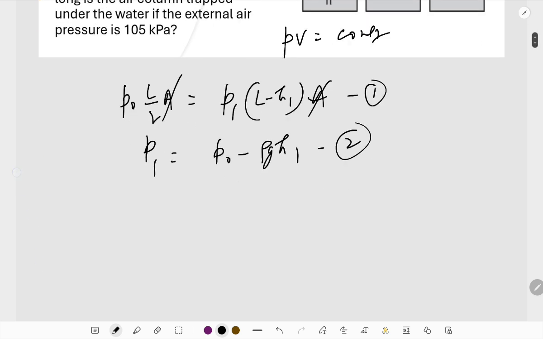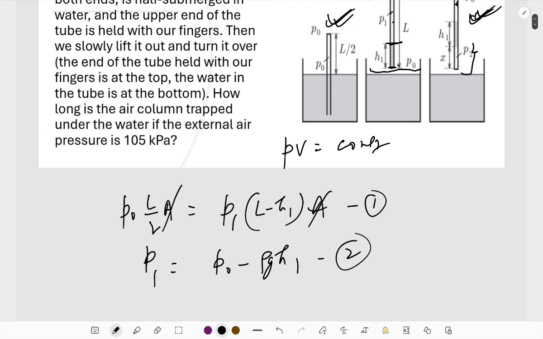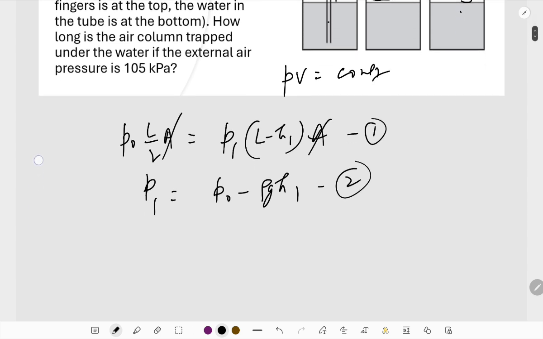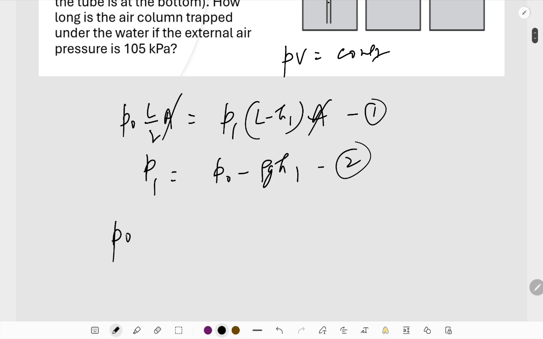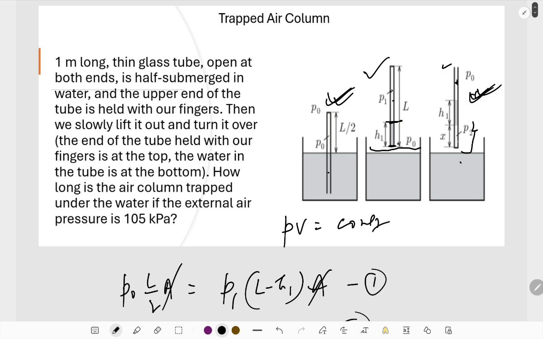So we can now compare the extreme left and extreme right conditions. The processes are being performed in succession. So I am going to compare condition 1 to condition 3, and I would like to write Boyle's law first. That will be P naught L by 2, and that will be equal to P2 multiplied by x for this air column.